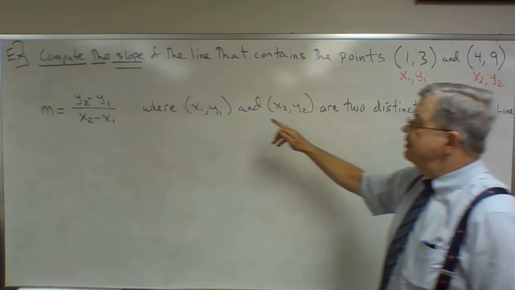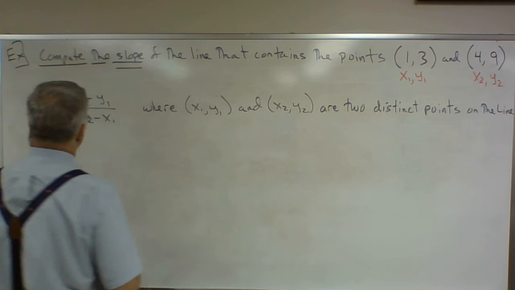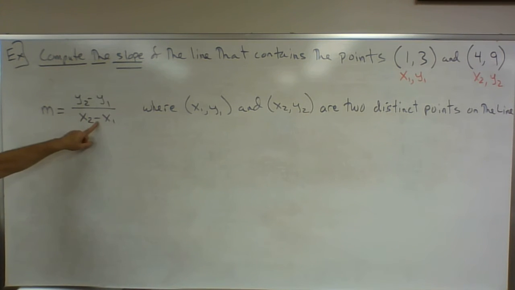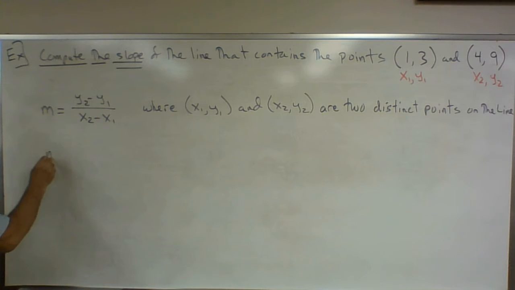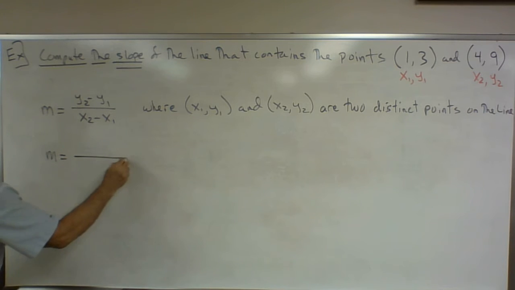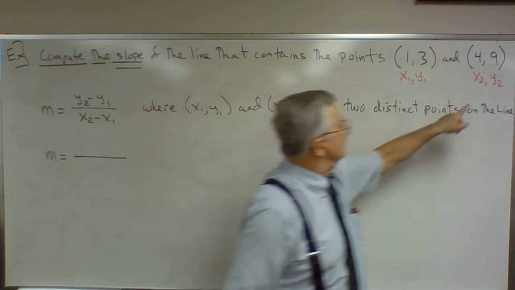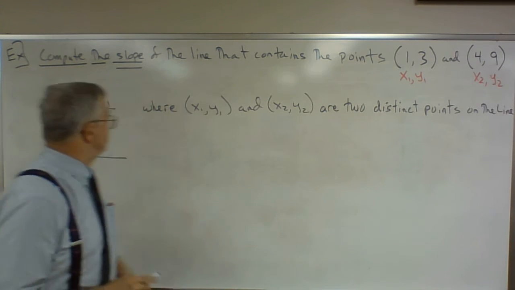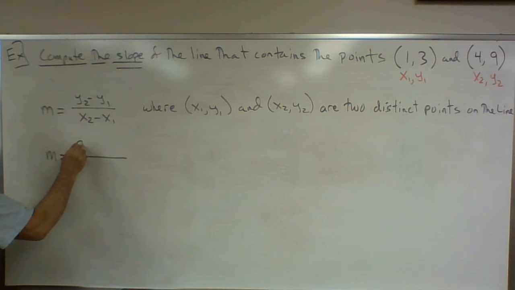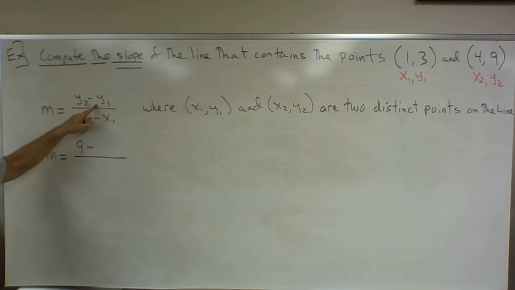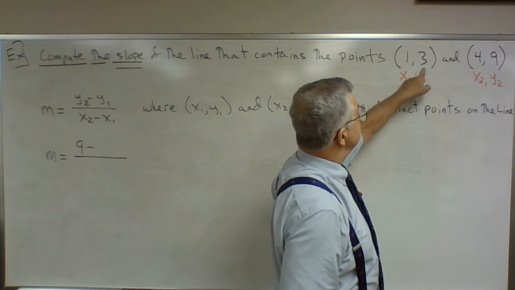And then we just use the slope formula, y2 minus y1 over x2 minus x1. And we need y2, which is 9, minus y1, which is 3.